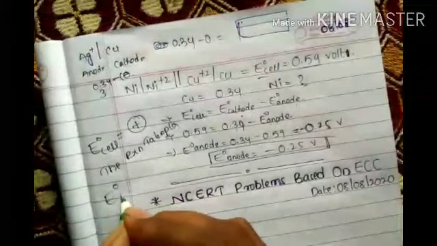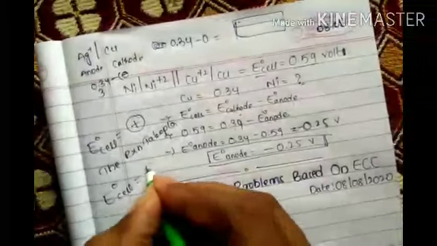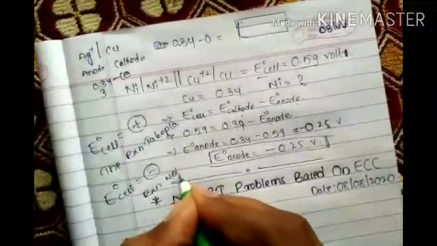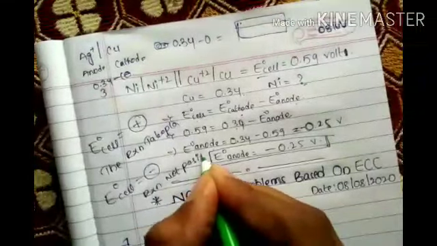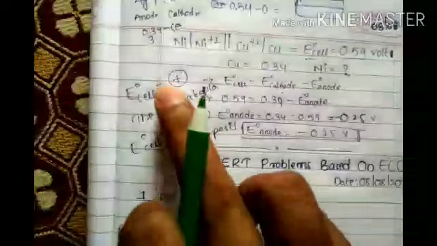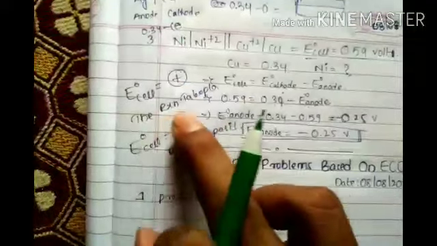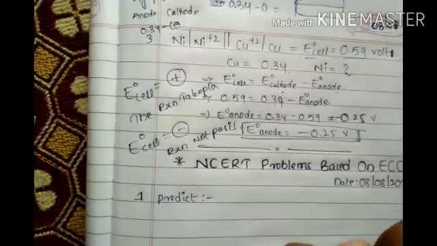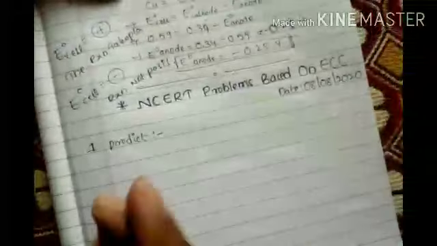If the E cell is coming negative, the reaction is not possible. First of all, if positive is coming, the reaction takes place. Negative coming, reaction not possible. First remember this, okay?